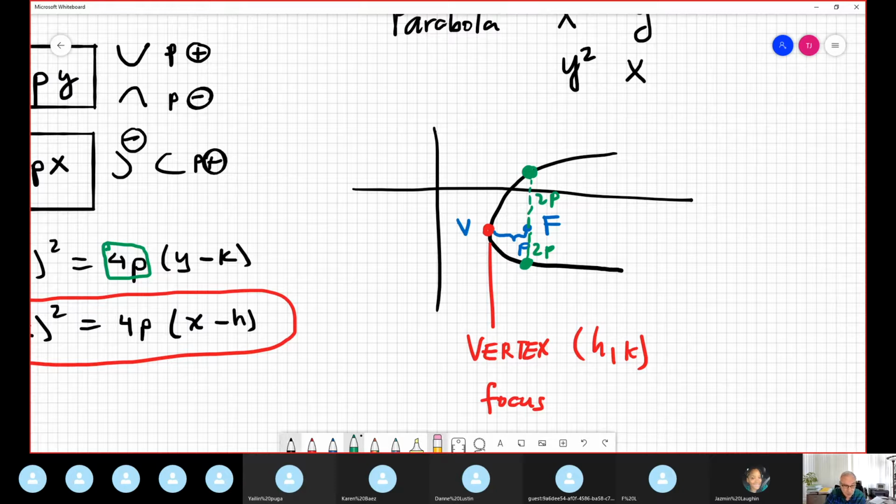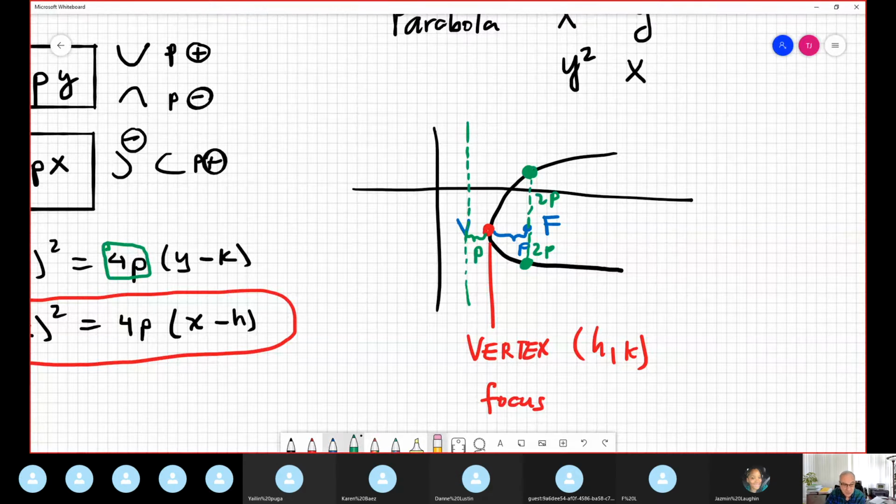Finally, we have the famous directrix. Directrix is a line, in this case a vertical line. And the directrix has exactly the same distance p. Sorry, the scale is not good. p is in the opposite direction. Okay?